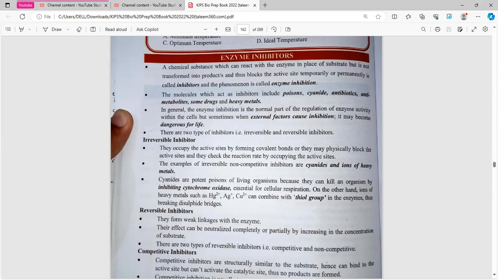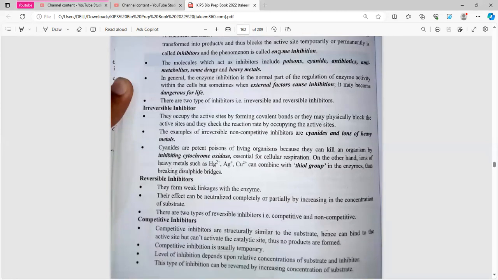Whenever it binds, it basically destroys the enzyme and changes the structure of the active site in such a way that even when the actual substrate tries to bind to the active site, it cannot, because the shape has changed. So no matter how much you increase the quantity of the substrate, it cannot bind, and this form of inhibition is referred to as irreversible inhibition.